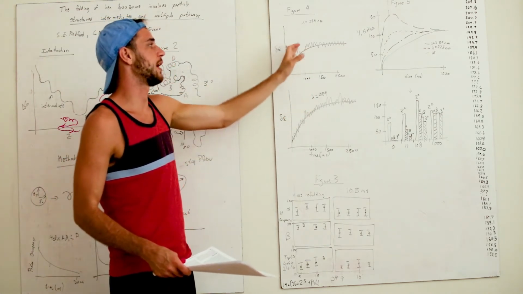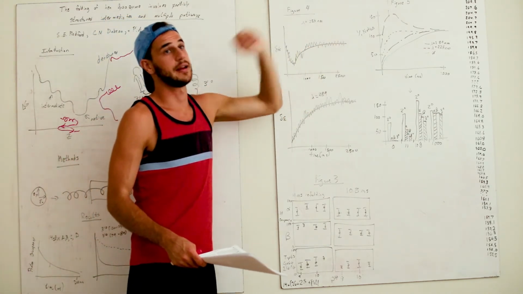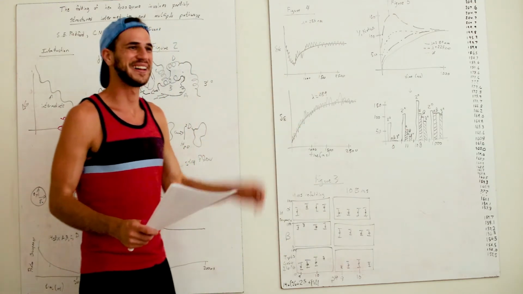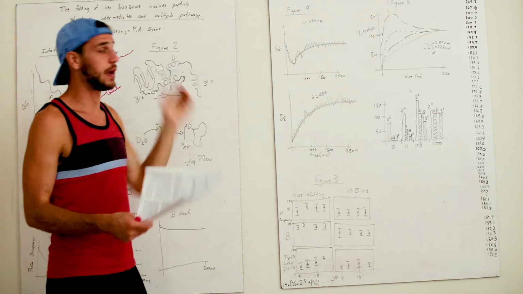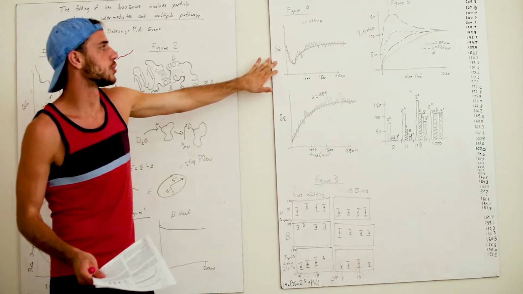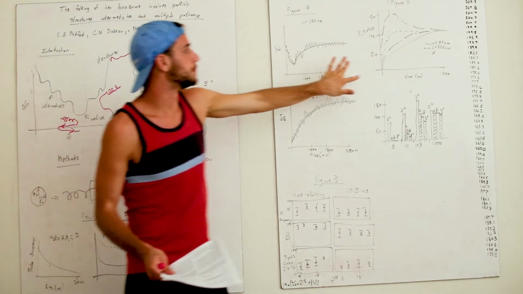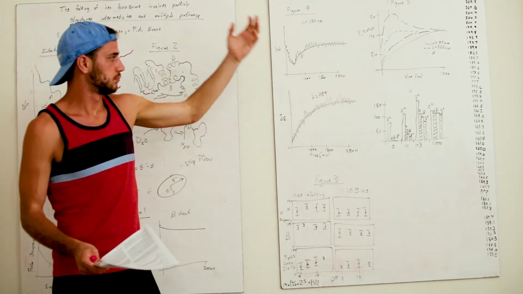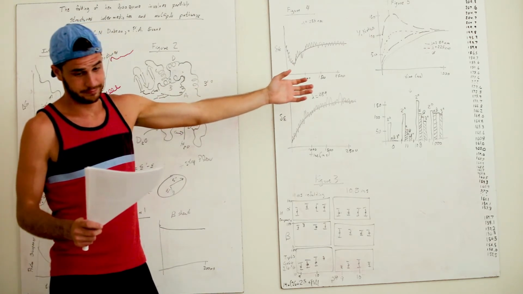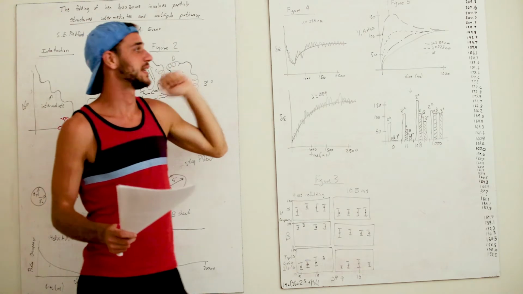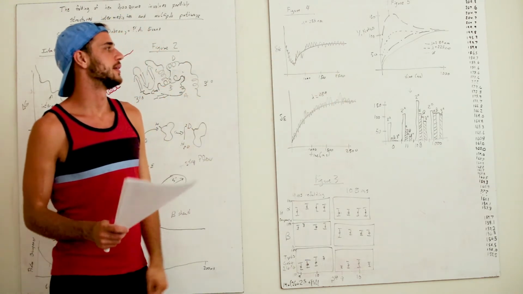You can see that this is very noisy data, but their fits do fit very well. And going from there, they can actually look at the specific formation of different secondary structures in this.